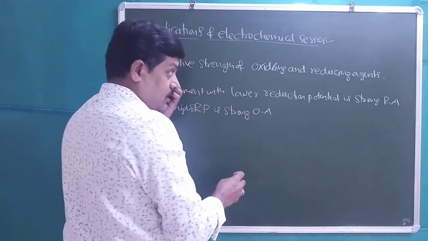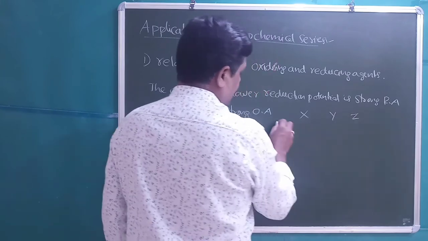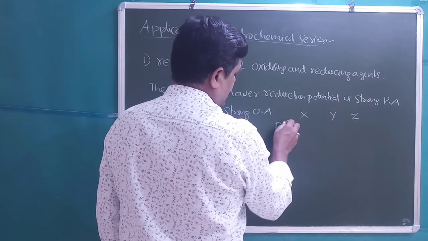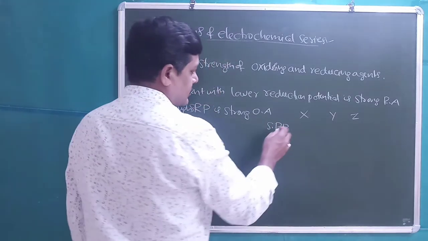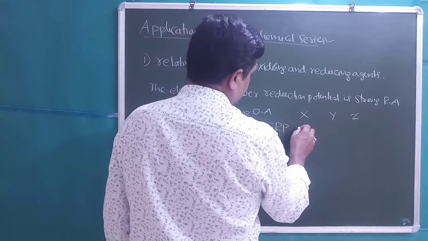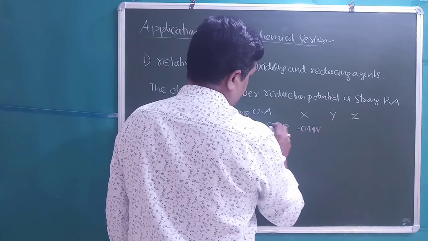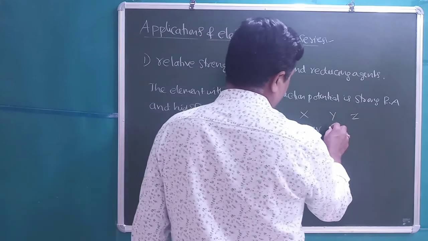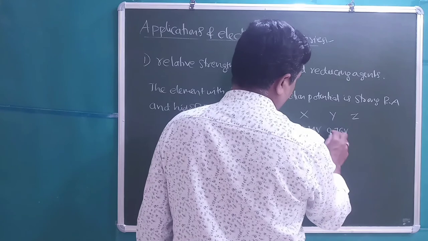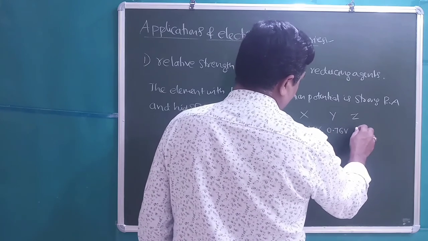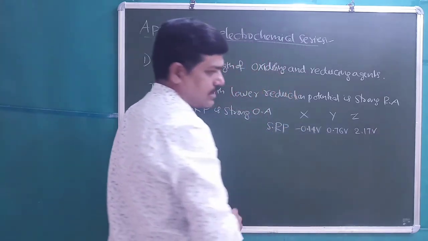Students, for example, if three elements are given, X, Y, Z, and their standard reduction potentials are provided. If X has minus 0.14 volts standard reduction potential, Y has 0.76 volts positive value, Z has 2.17 volts positive value, right?